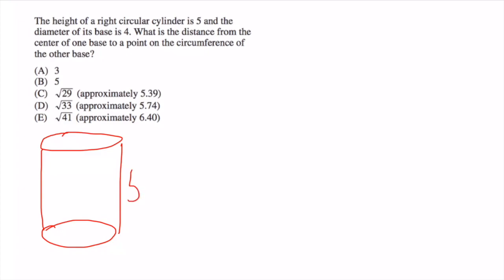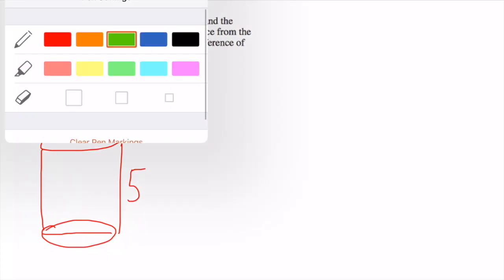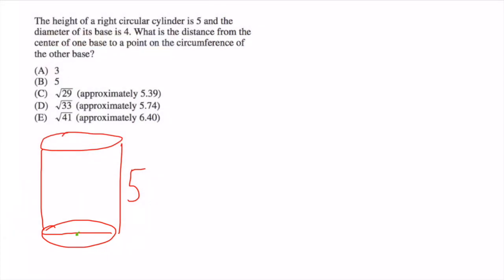I know that the height is 5. I know that the diameter is 4, which will give me a radius of 2. And what they're asking is to go from the center to the edge of the circumference.